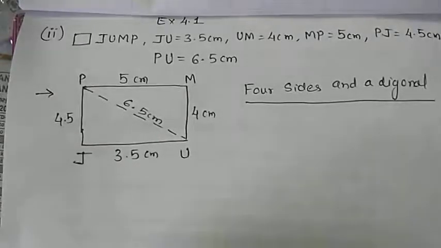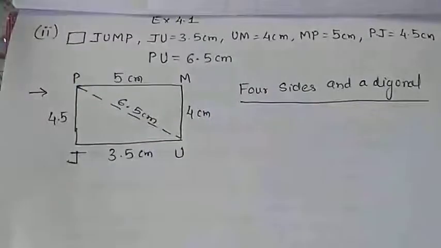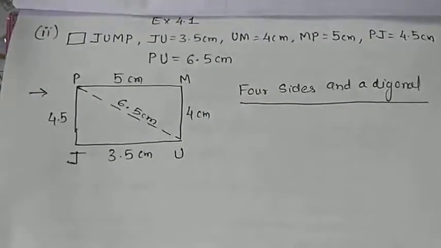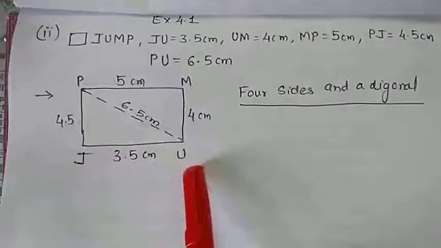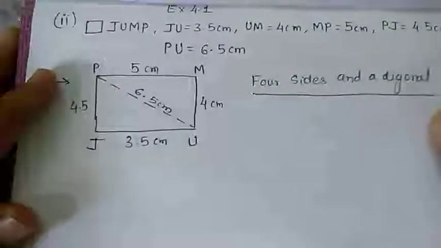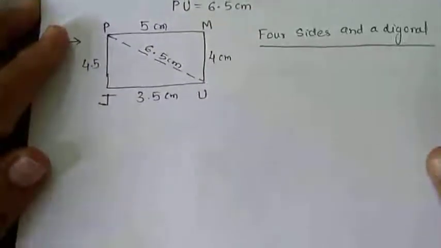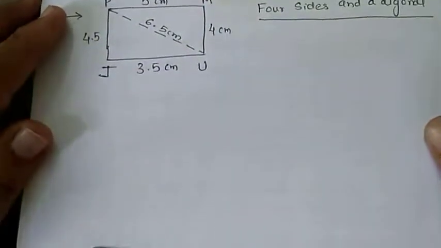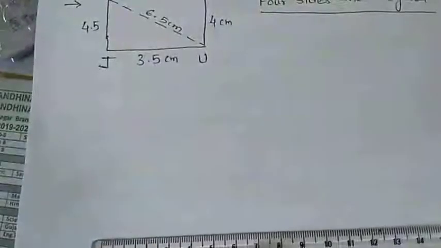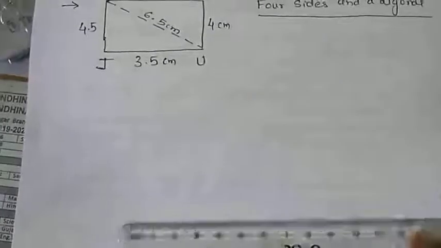As we all know, we require a set of all the geometrical instruments. Now first, base is required. So first of all, base means this JU 3.5 centimeter. So using a scale, we will first construct JU of 3.5 centimeter. See, I am using black pen to make this one dark.